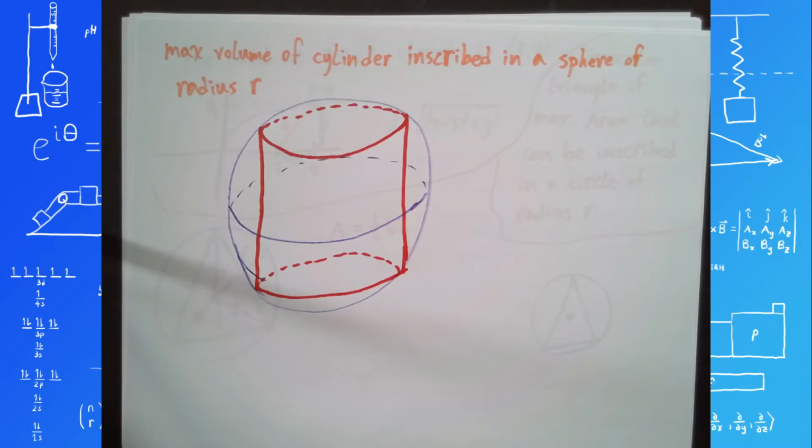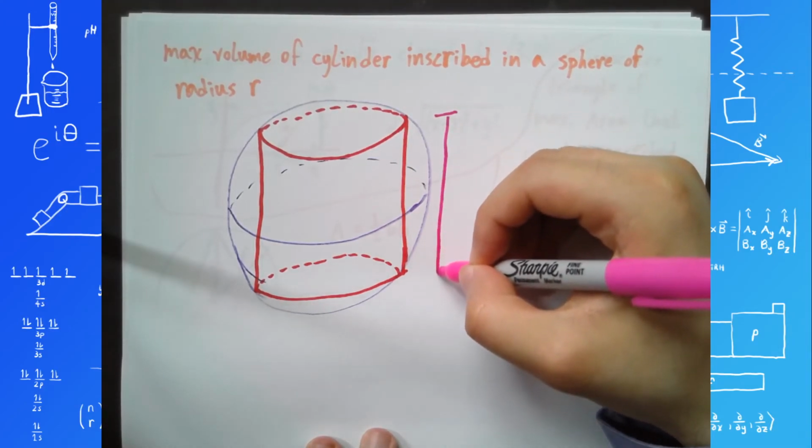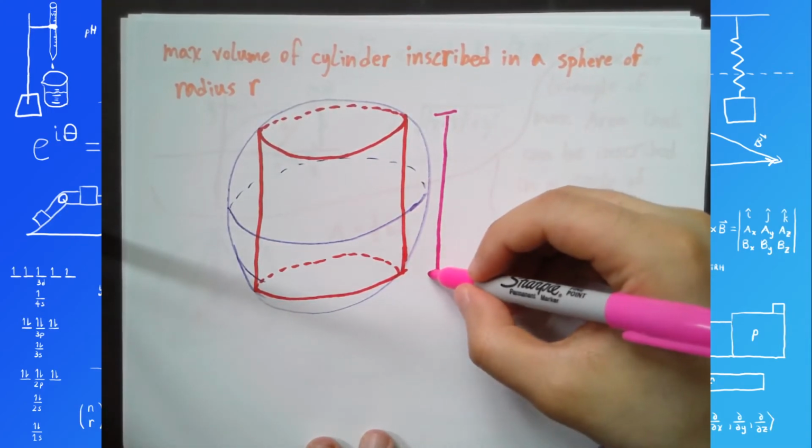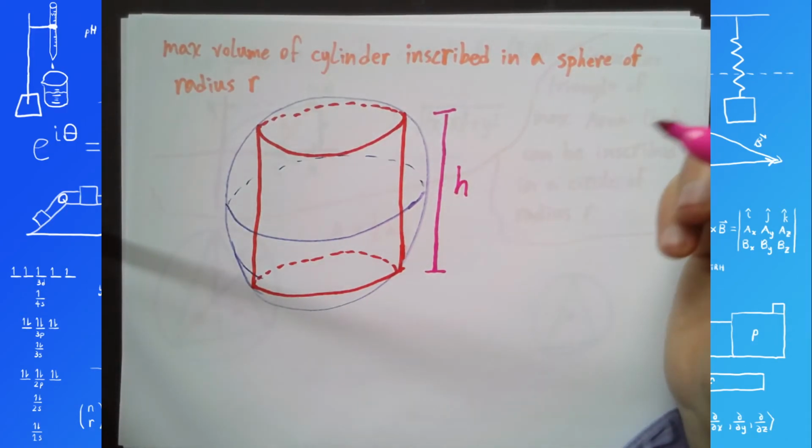Okay, well, one thing I do know, I guess let's label the height of this cylinder as being h. Let's label the height of the cylinder as being h.